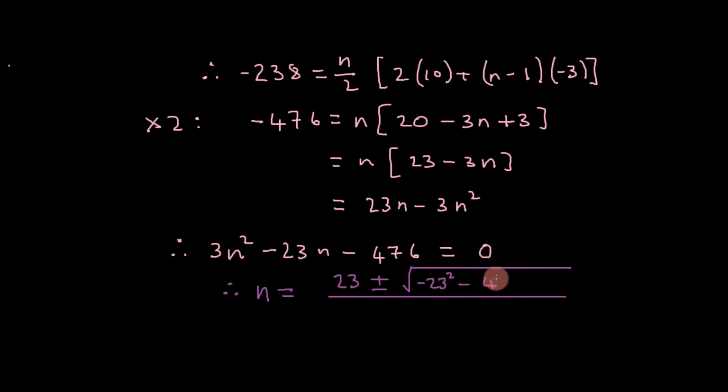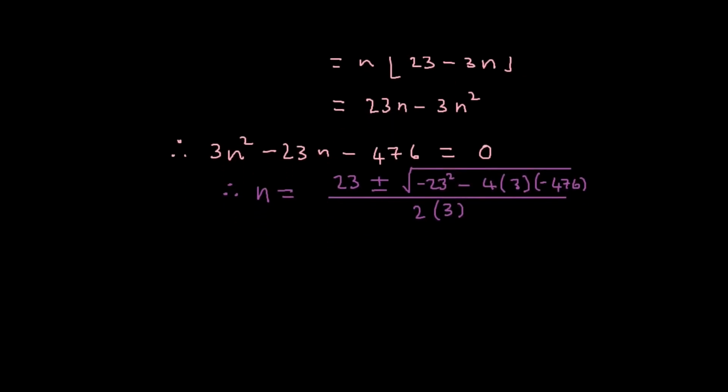A is 3, and c is negative 476. And this is all over 2a, so 2 times 3. We can first work under the square root. This is all over 6.